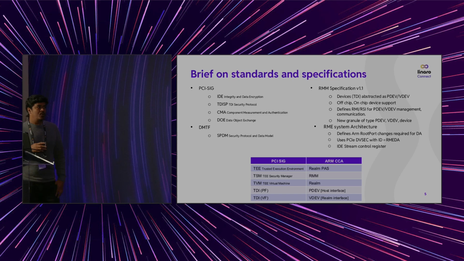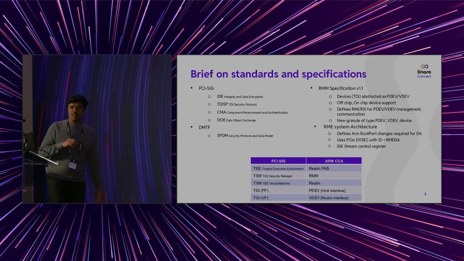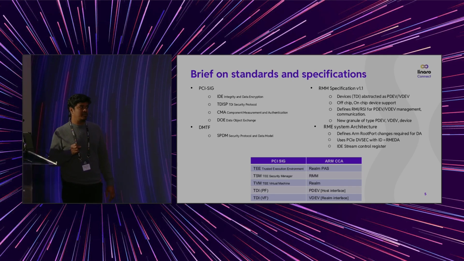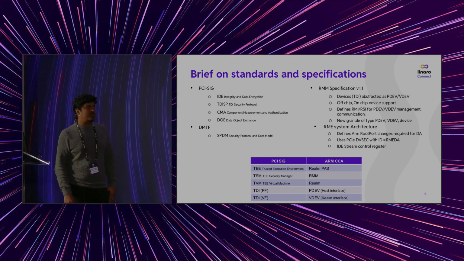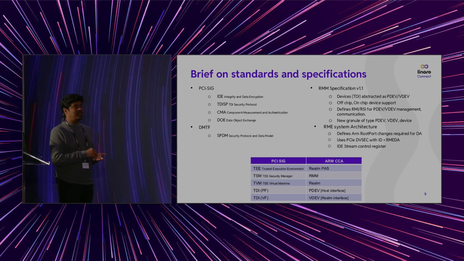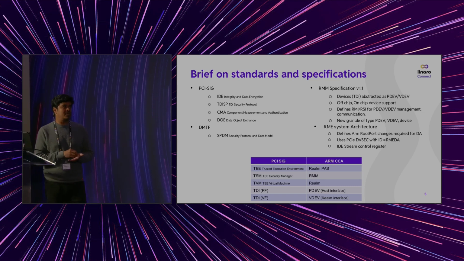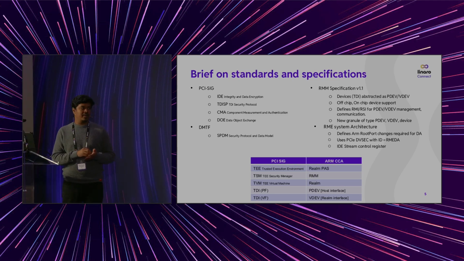And the specification supports a variety of devices, both off-chip devices and on-chip devices. As I mentioned, it provides the commands for the PDEV and the VDEV management. The main thing here is it abstracts the TDI, which is the individual assignable unit of a device, into a PDEV and a VDEV.